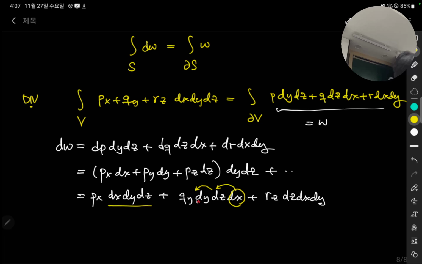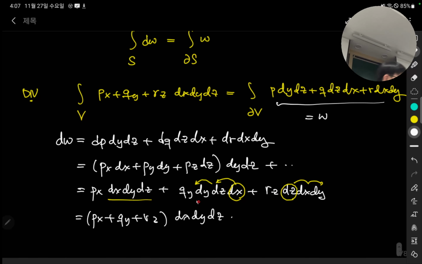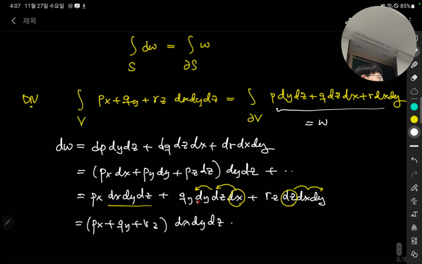So then I have dx dy dz order, but I have two minuses, so it becomes a plus. Same thing for the rz part. I need to move twice, so I get a change of minus twice. So everything is not changing. So it's px plus qy plus rz dx dy dz. So that's your left-hand side integrand.